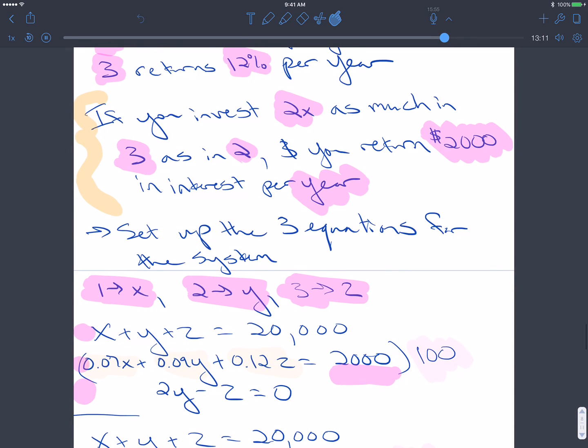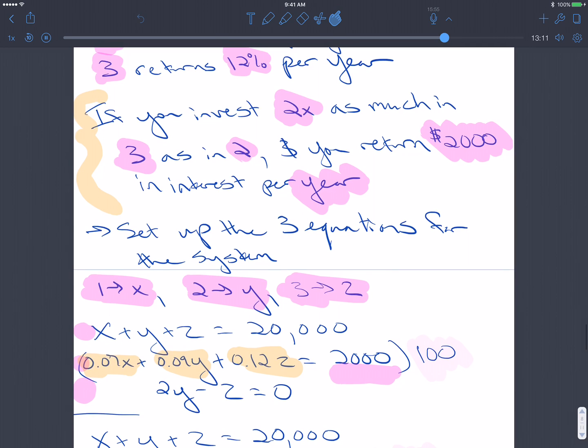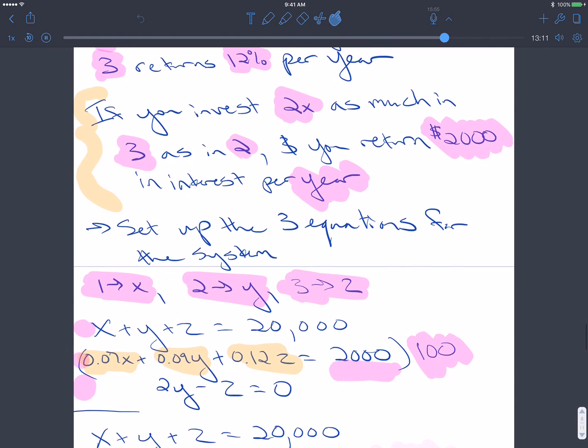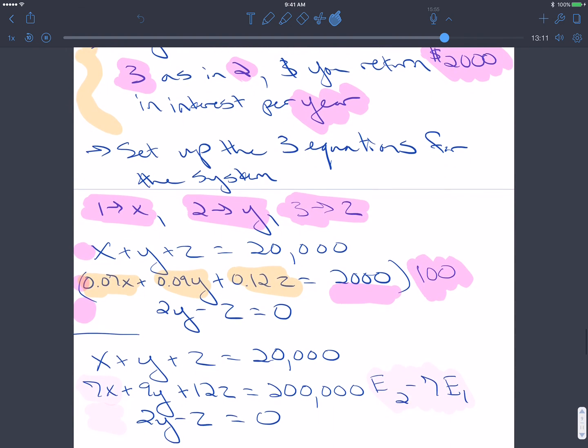I notice that I have these ridiculous decimals, 0.07, 0.09, and 0.12, that are really hard to work with on their own. So I multiply the whole equation by 100 so that I can deal with just numbers and no more decimals. That will change my system to x plus y plus z is equal to 20,000. 7x plus 9y plus 12z will equal 200,000. And then I still have 2y minus z equals 0.